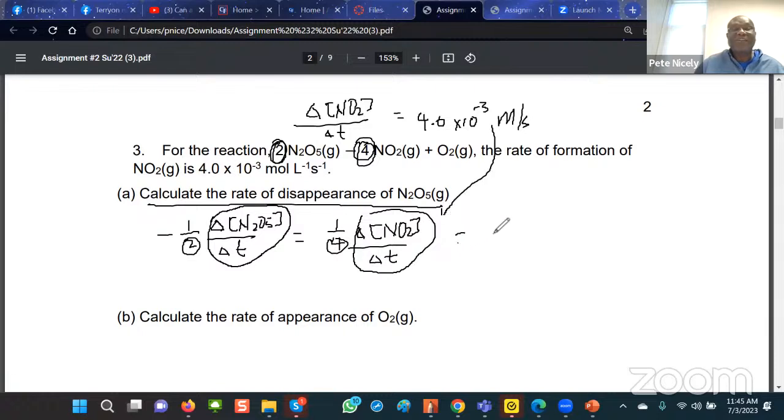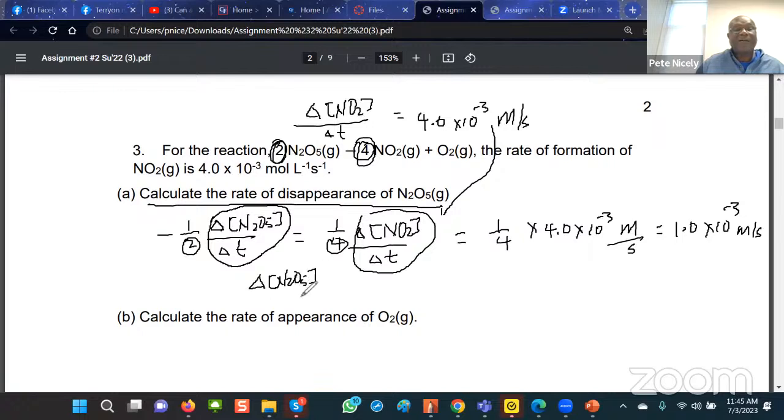So therefore we can put this being equal to 1/4 times 4.0 times 10 to the minus 3 M over S. And this is equal to 1.0 times 10 to the minus 3 M over S. So therefore, the rate of change of N2O5 would be equal to minus 2 times 1.0 times 10 to the minus 3 M over S, which is equal to minus 2.0 times 10 to the minus 3 M over S, right?